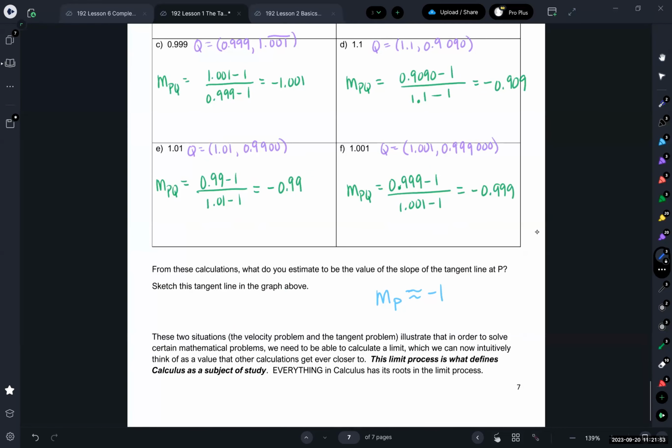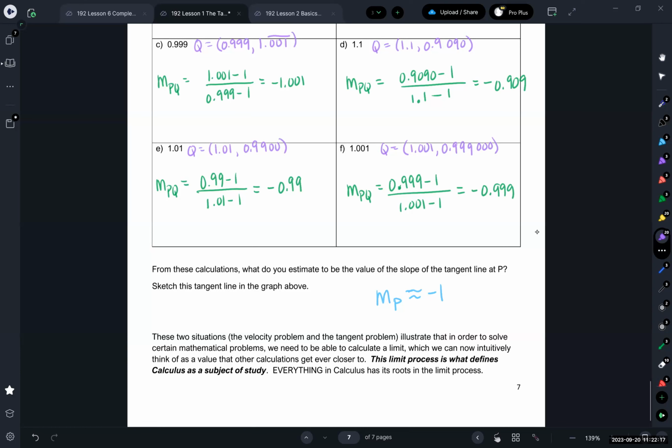Okay, so you can see that that's actually very similar to what we did when we were calculating average velocities and using them to estimate an instantaneous velocity. The velocity and the tangent problems are really very similar. And hopefully that gives you an intuitive sense also of what a limit is.